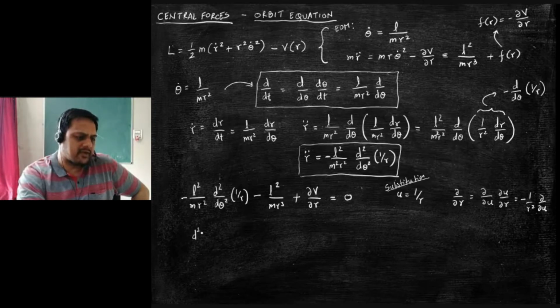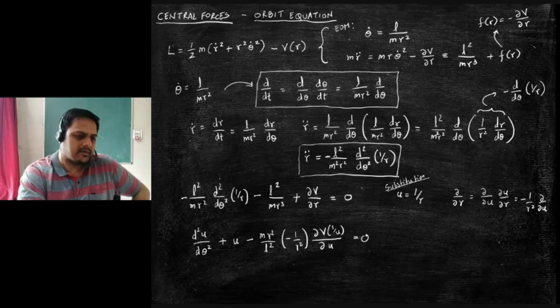You will end up with the following equation: d square u by d theta square plus u minus mr square by L square into minus 1 by r square dabba v by dabba u is equal to 0.